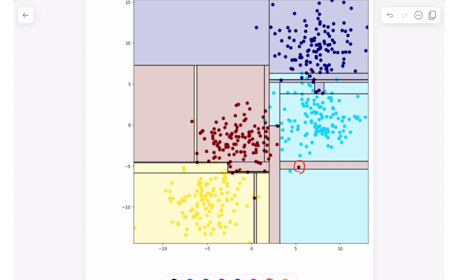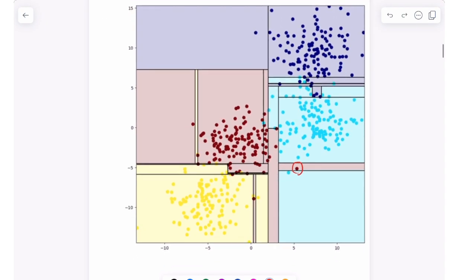So maybe it should be right here, but we don't know. So for the algorithm that divides the space into different subspaces, if you continuously do such separation, you have a lot of boundary lines, you can separate the entire space into very, very small subspaces like this one.